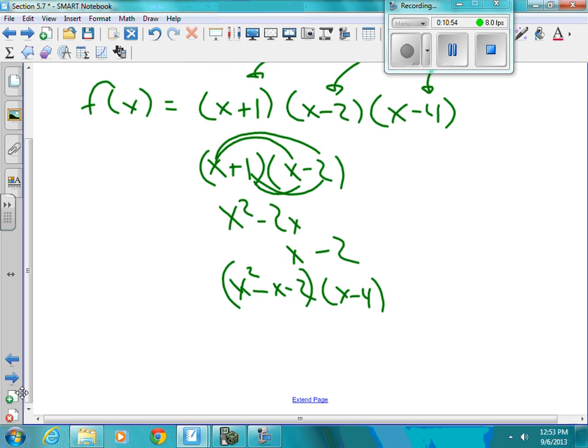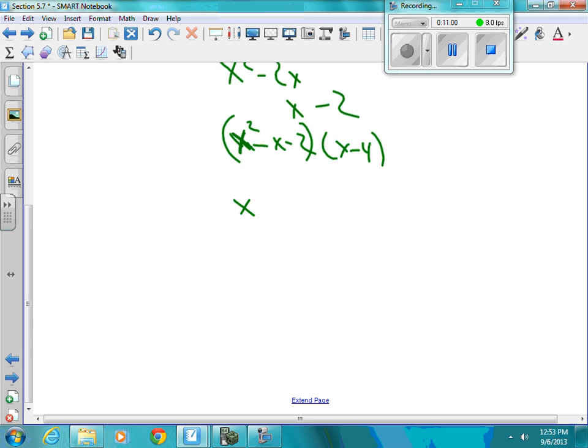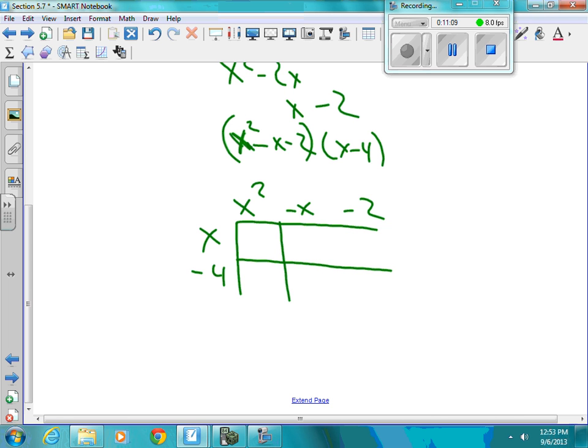So now I got to multiply again. You can try the FOILing like method again. Once it gets to trinomials, I like to just do the table. So if I don't do the table on the first step, that's okay. But the second step, I suggest it, especially if you're somebody that makes little mistakes on FOILing. The bigger the polynomial, the harder it is to FOIL it.